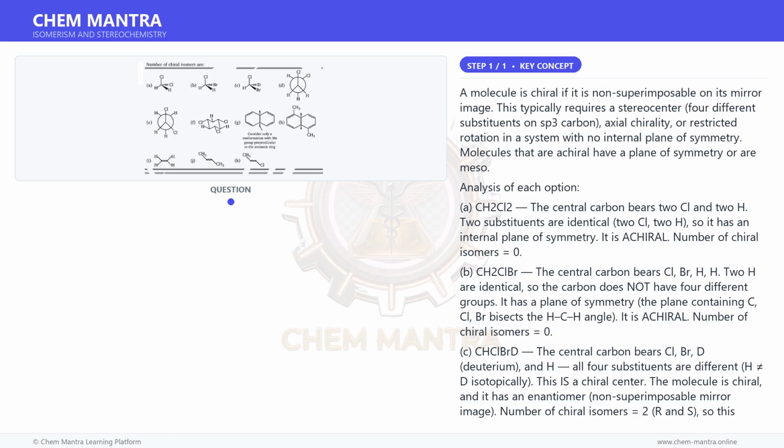If both methyls are on the same face, cis, the molecule may have a plane of symmetry making it achiral. If trans, it would be chiral. From the bold wedge drawing showing both methyls on the same face, both wedge up, the cis configuration has a mirror plane and is achiral, meso. Number of chiral isomers equals 0.